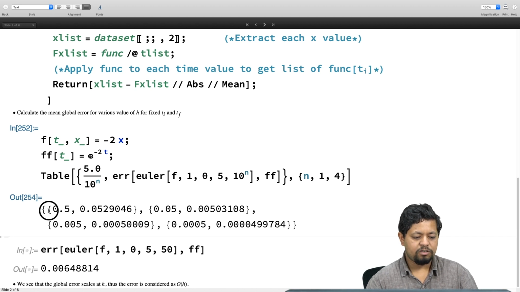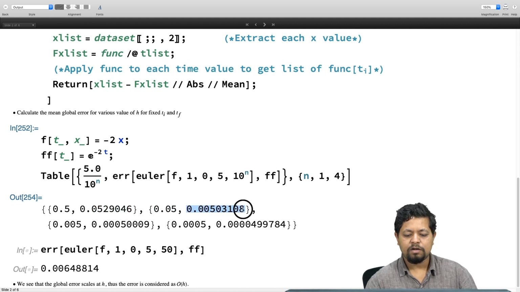So each of these pairs is giving me a value of h that I'm using over here and the corresponding error. And as we see, as h decreases, proportionately the error also decreases, the mean absolute error also decreases. So this is the global error that we're looking at.